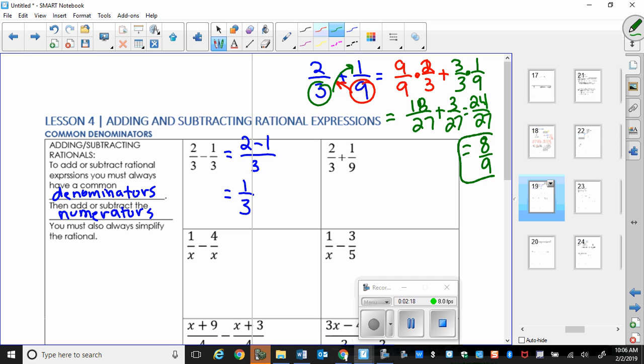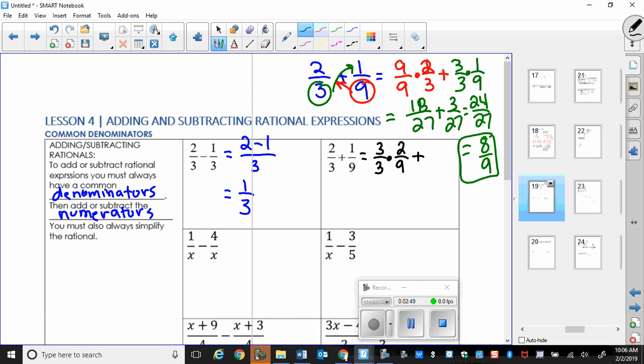Now that's one method, but if you can see that the bottom two denominators are related, you're able to use a factor of 9 to get 3 to be 9. Instead of having to do all the extra work, 3 times 3 will get me to 9 on that denominator.